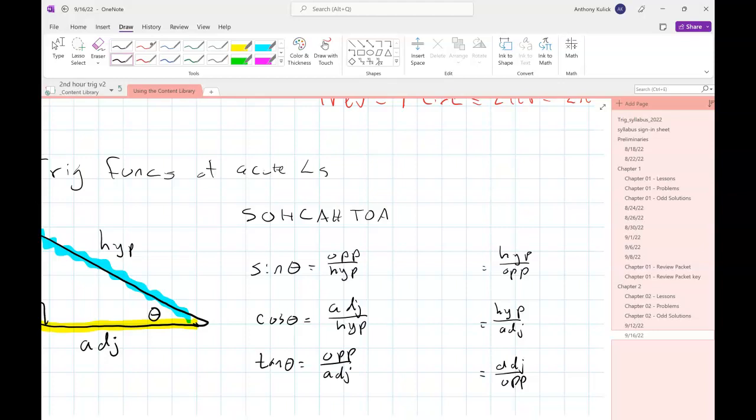So let's give these guys a name. Hypotenuse over opposite we're going to call cosecant theta. Hypotenuse over adjacent we're going to call secant theta.